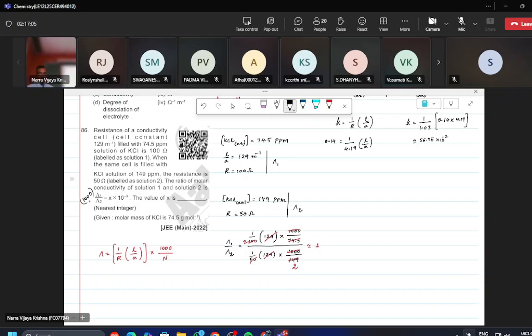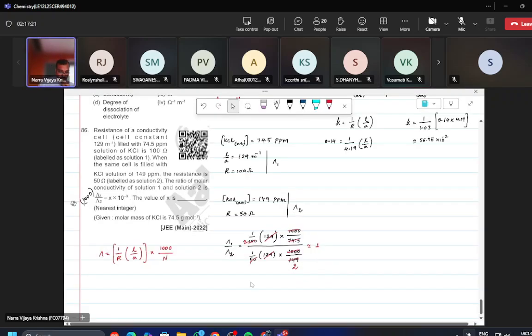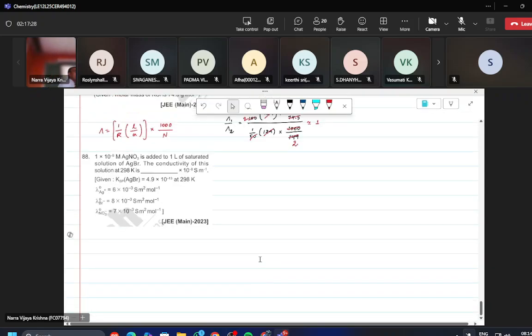Right? Next question, sir. They have given something in KSP. We will solve that also. Question number 88. Solve this one. Something they gave in terms of KSP. 10 power minus 5 molar AgNO3 is added to 1 liter of saturated solution of AgBr.